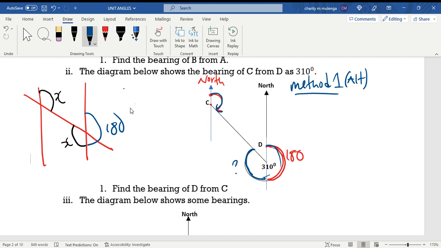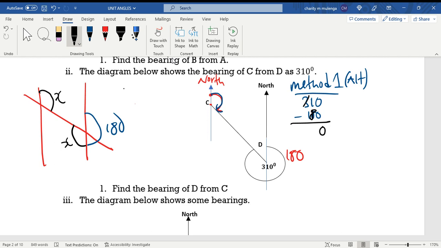To find this angle that is showing in blue, we subtract 180 from 310. So we're going to say 310 minus 180. So 0 minus 0 is 0.